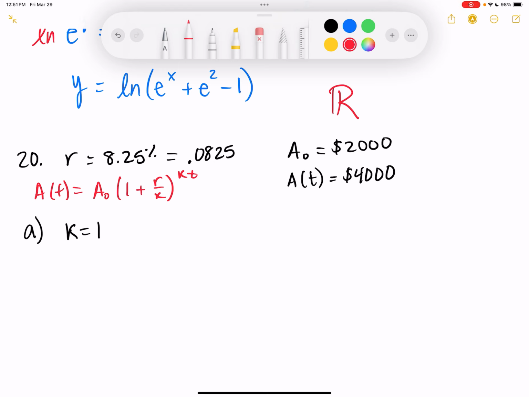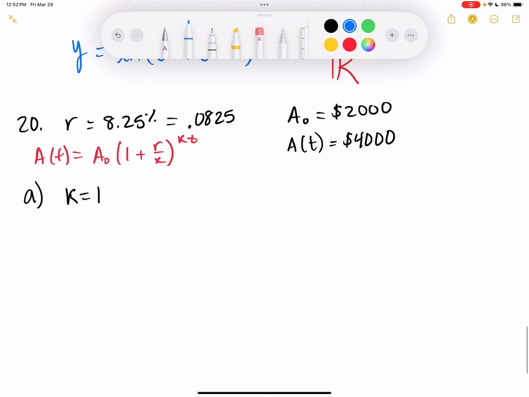We have every piece of information we need except for T, which is what we're solving for. So I start plugging in. 4,000 is equal to 2,000 times 1 plus 0.0825 divided by 1, raised to the 1 times T.